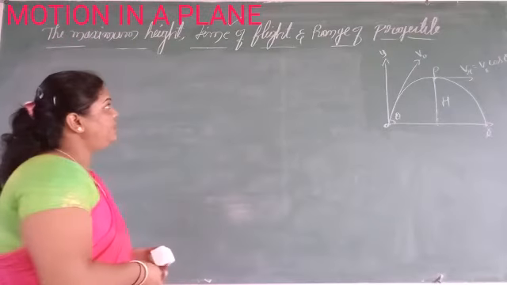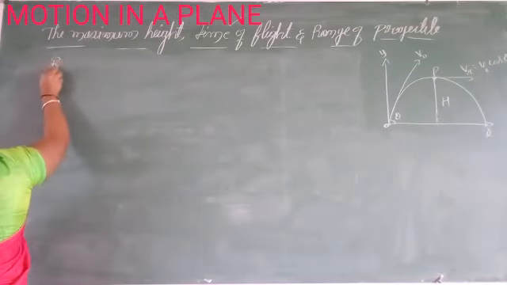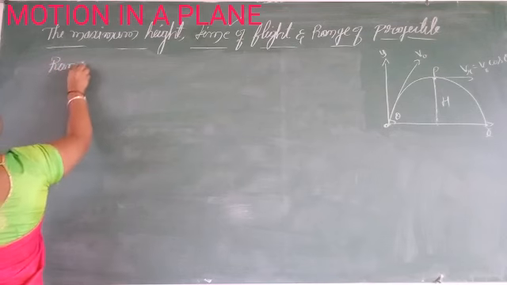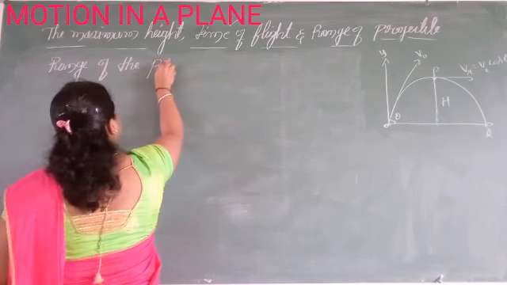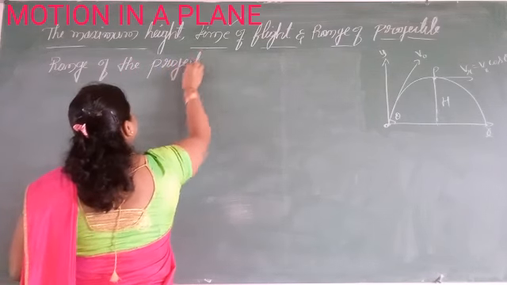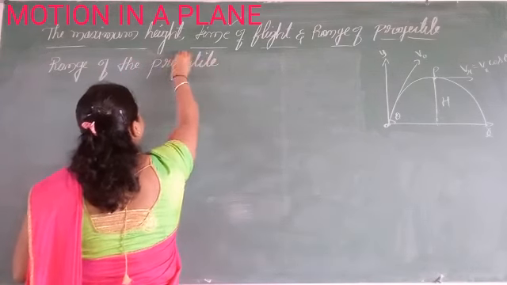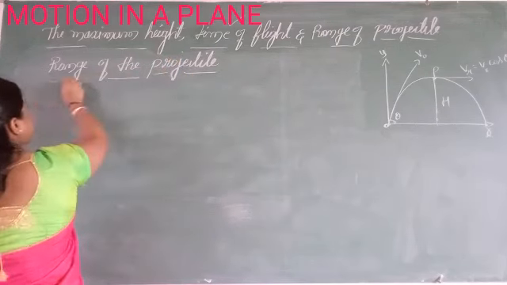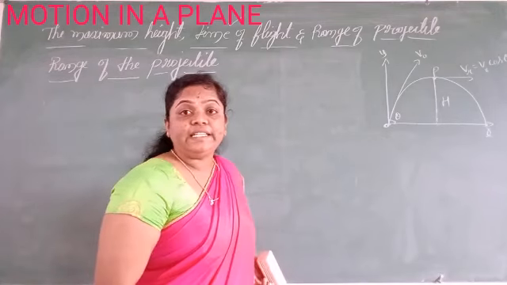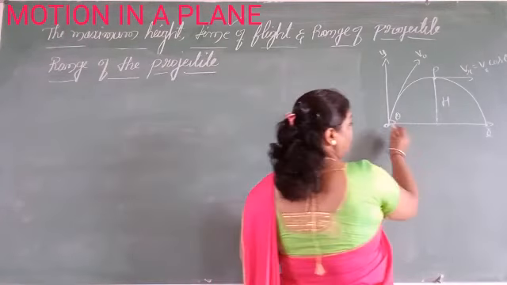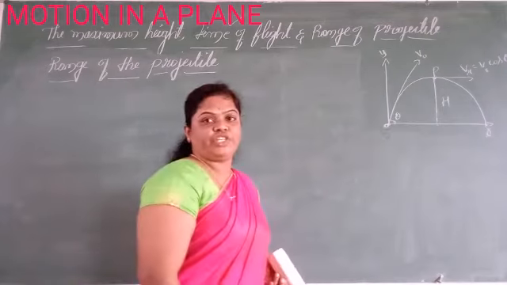So next, let us see the range of the projectile. Now what is meant by the range of a projectile? See, the horizontal distance covered by the projectile from the initial position.